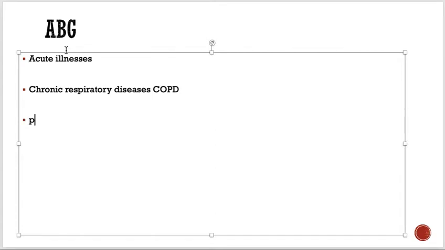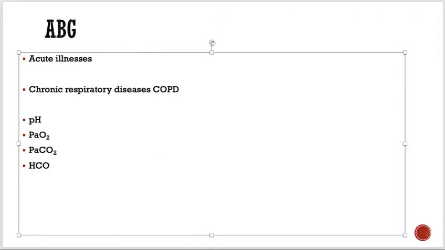The first is the pH, and then the partial pressure of oxygen in the blood. After that, the partial pressure of carbon dioxide in the blood, and also the level of bicarbonate, HCO3.